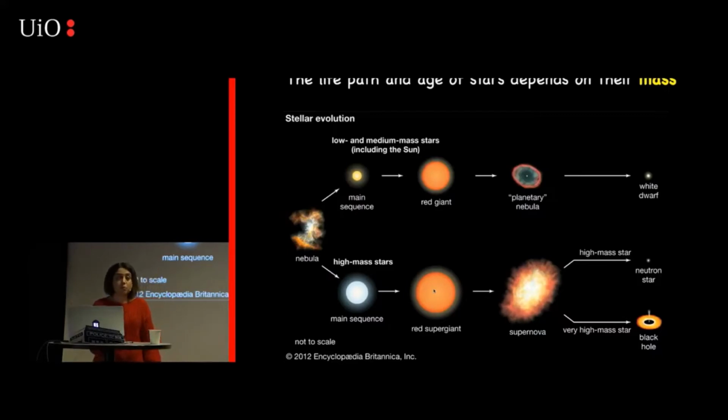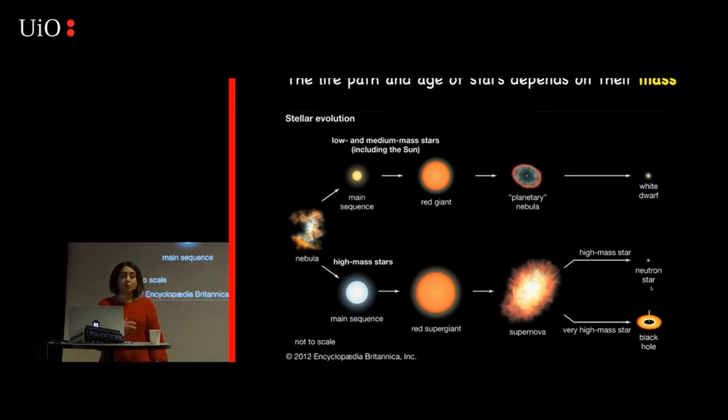Supernovae are the most explosive phenomena that can happen in space. And what happens after a supernova explosion again depends on the stellar mass. For high mass stars, they will become neutron stars, and for very high mass stars, they will become black holes.